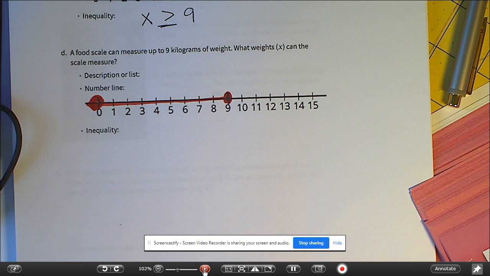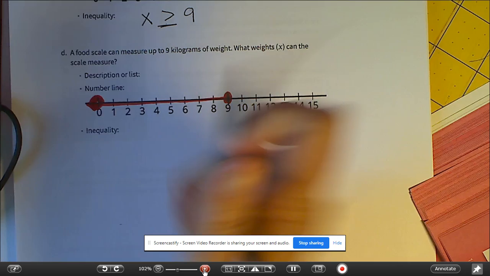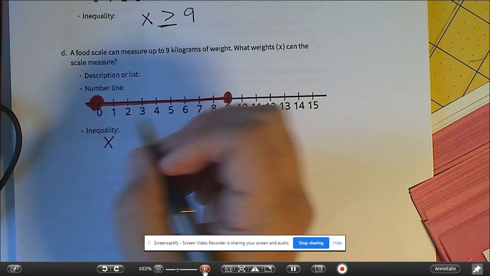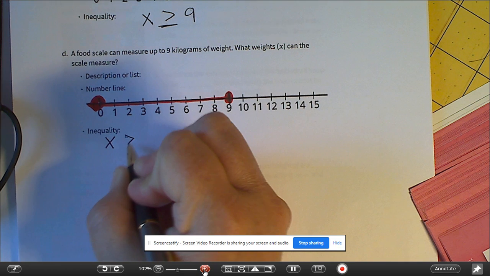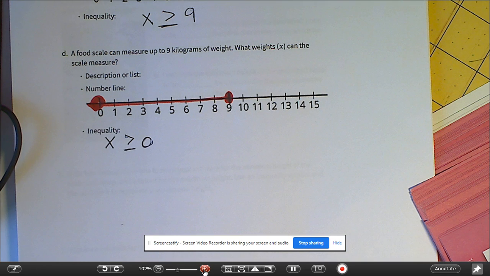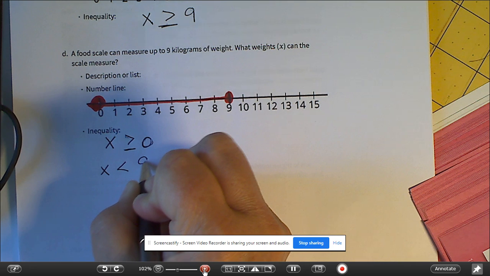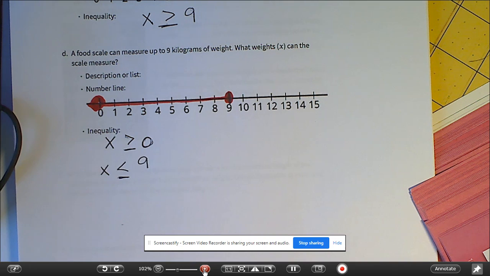So X is actually, it can be two things. It can be greater than or equal to 0, or it could be X is less than or equal to 9.